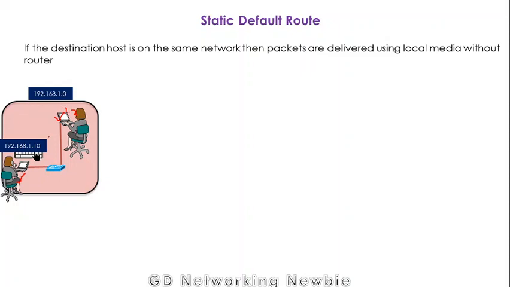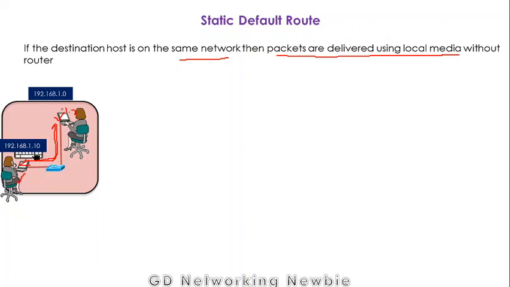So if the destination node is on the same network or on the same subnet, then packets are delivered using the local media without a router. So in this case, we don't even need a router. The packets can go to this user and they can go to this user as long as the packets are sent to the same subnet.